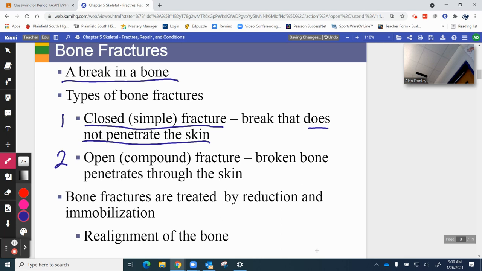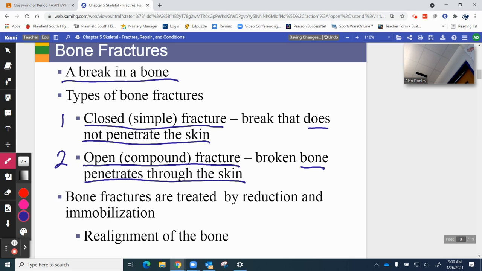Open fractures, or what we call compound fractures, are ones where bone is going to penetrate through the skin. There are several different classifications of fractures, and some of them can become open or some of them can become closed. You can actually have a fracture start as a closed fracture, and because you moved it or somebody else moved it, it becomes then an open fracture.